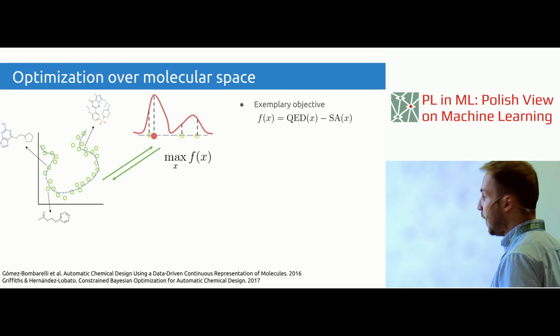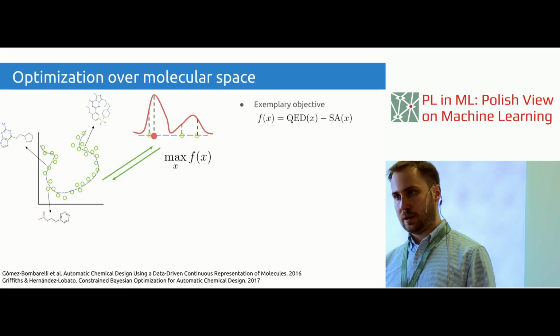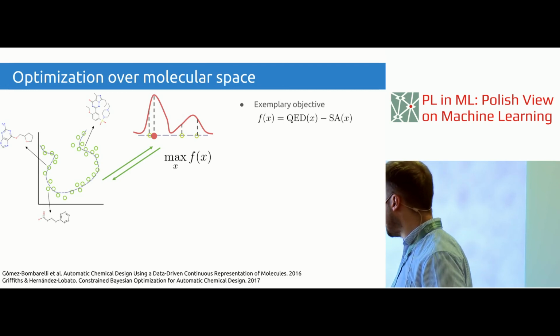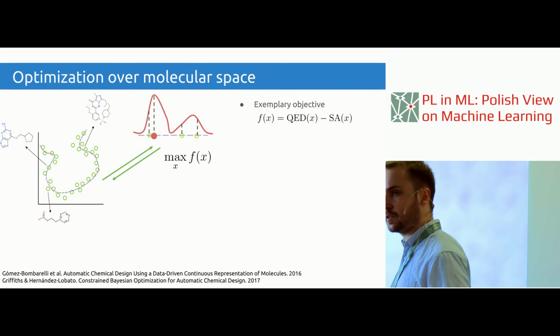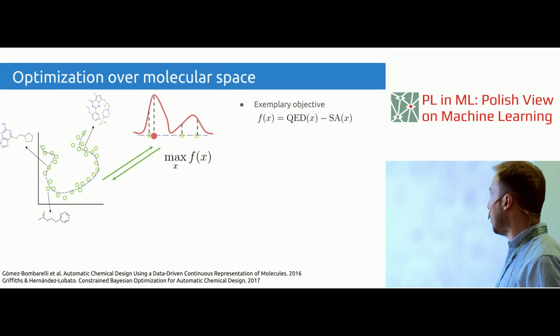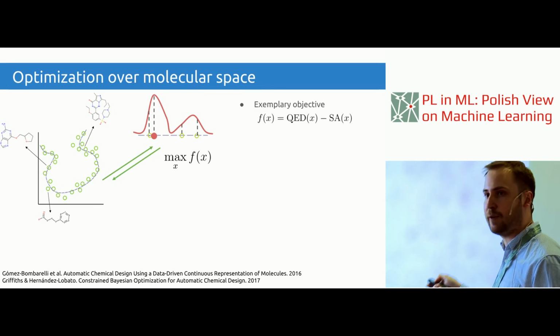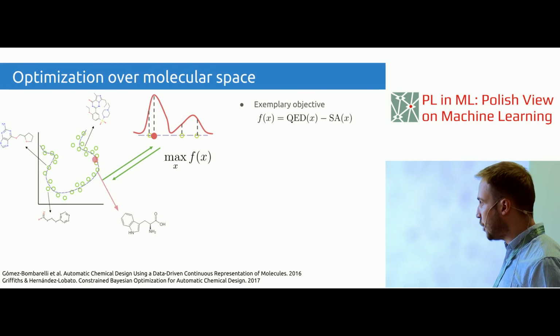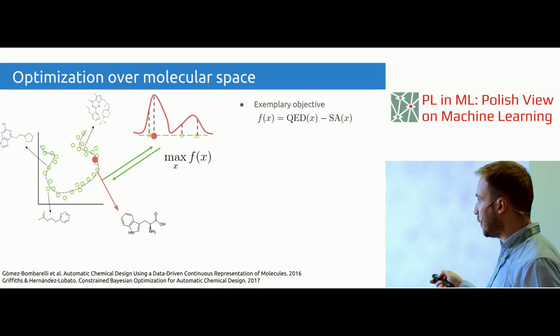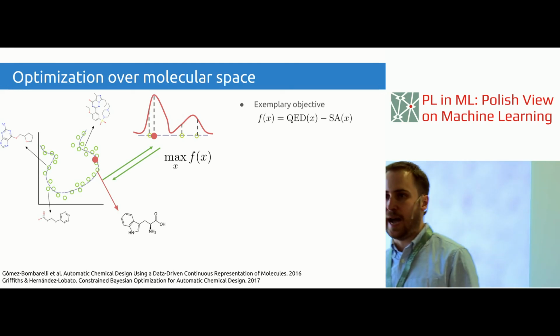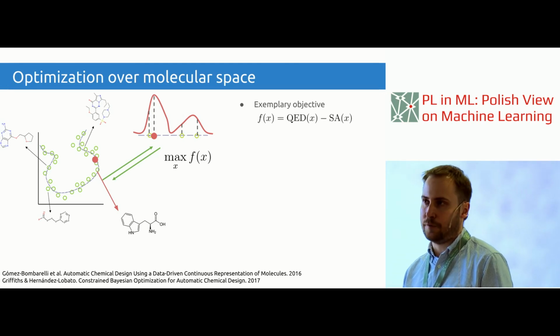So you would like to find a point in your molecular space which has the highest value of this particular objective, and then you would like to use your generative model to generate a novel molecule that actually has the highest value of your function.